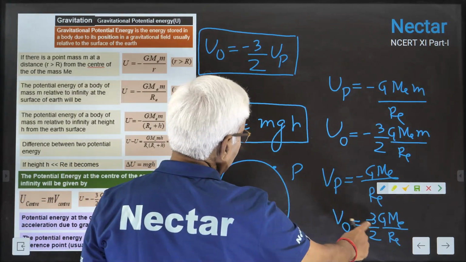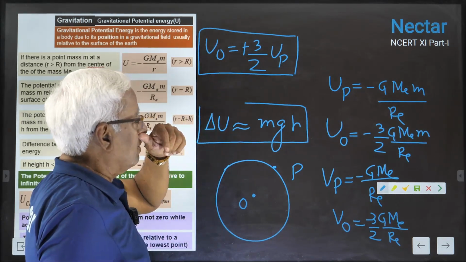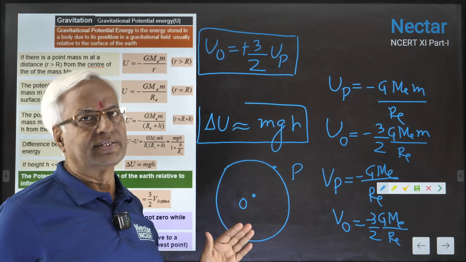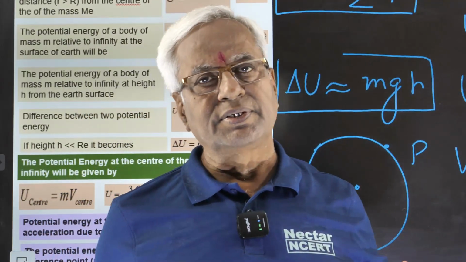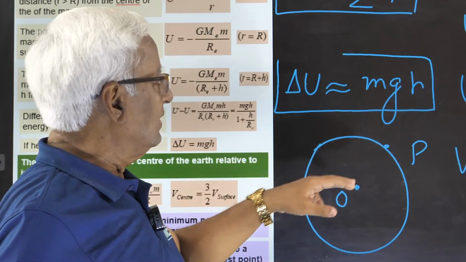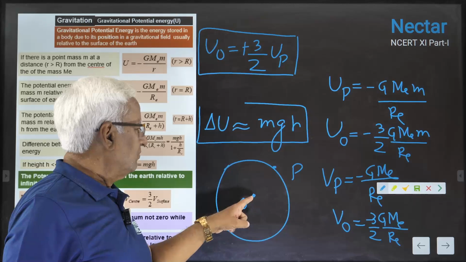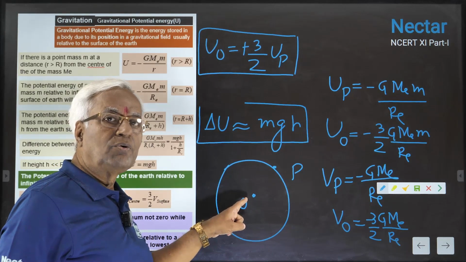Since both the sides are negative, it should be written as plus. So this thing should be remembered. G is 0 at the center of the earth, whereas it is non-zero at the surface. For potential or potential energy, both the values have some finite value at the center. These are non-zero.